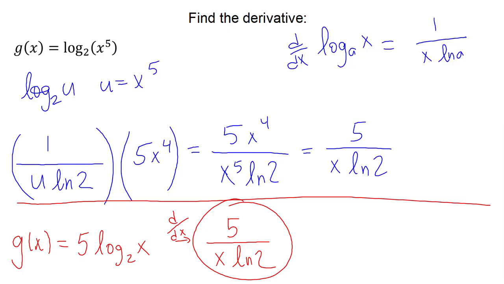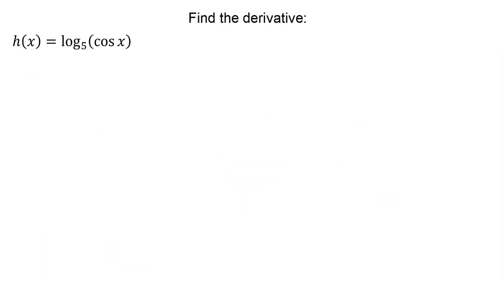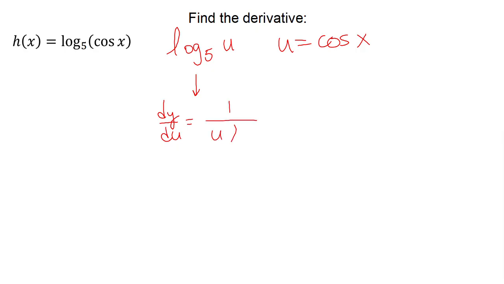So either method's fine. For the more complicated ones, though, like log base 5 of cosine x, you can't do any log rules to make that any simpler. So we'll just use the chain rule. This is log base 5 of u with u equal to cosine of x. And so we can do the derivative of log base 5 of u, dy du, is going to equal 1 over u ln 5, and du dx is going to equal negative sine of x.